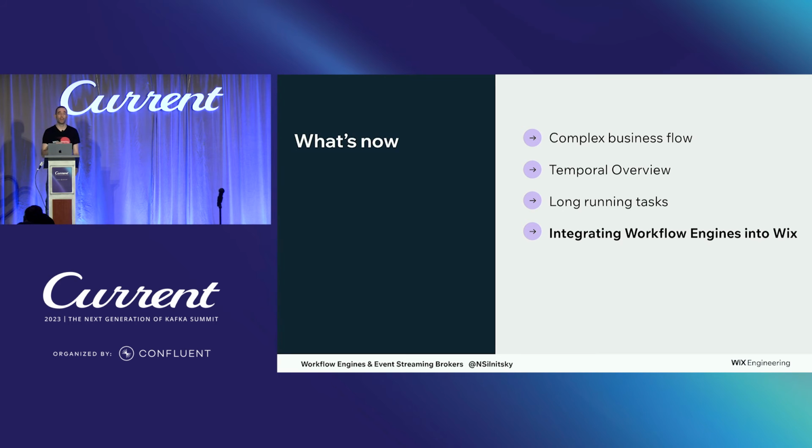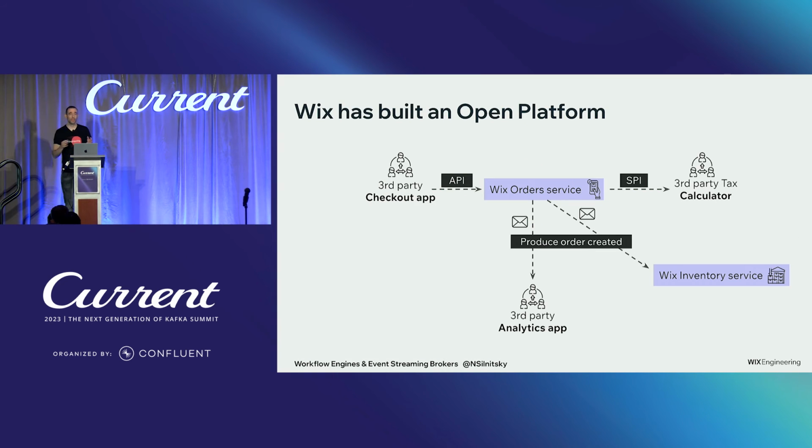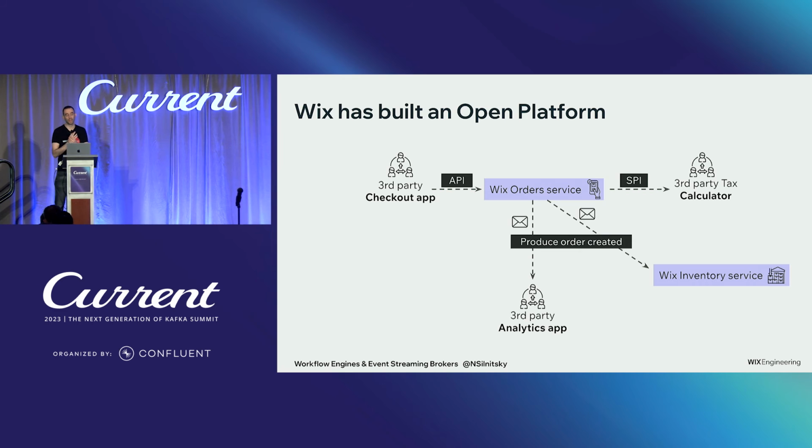Now, in terms of how to use it at Wix, well, it's not that trivial, because we're talking about Saga orchestration principles here. And with the Wix open platform, we need to have decoupling and flexibility as much as possible for developers on top of the Wix platform. So if you look at an illustration, what do I mean by an open platform?